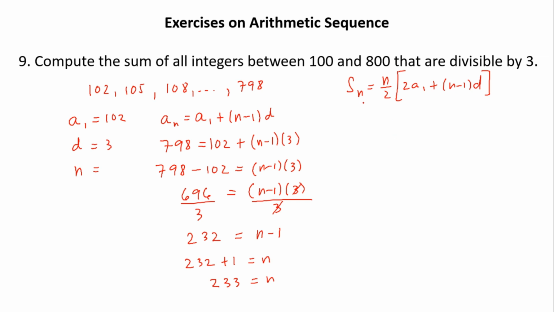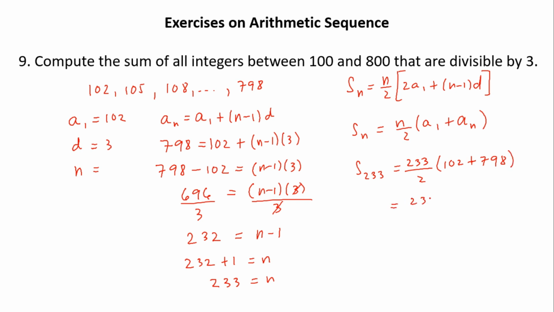However, we can use here the alternative formula given by S sub n equals n over 2 times (a sub 1 plus a sub n), because the last term is given here. So we have S sub 233 equals 233 divided by 2 times (a sub 1, 102, plus a sub n, 798).